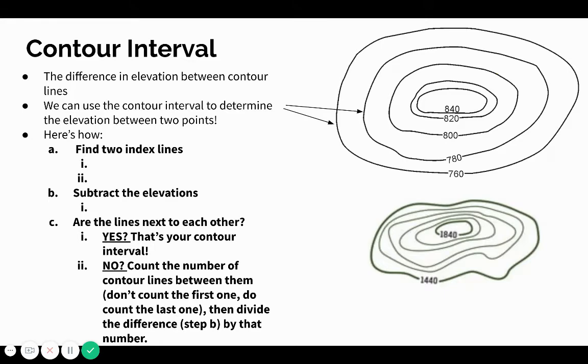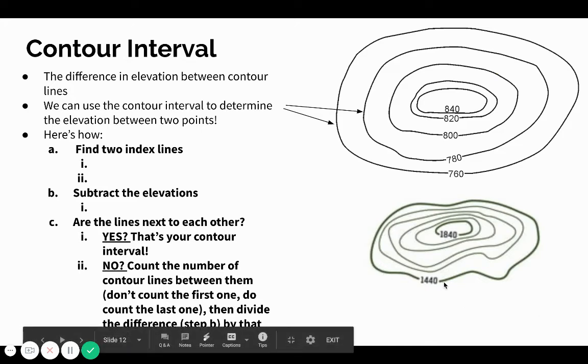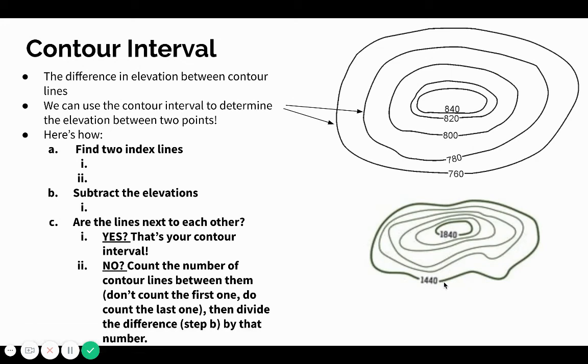We've already worked through these steps the last time we talked about topographic maps, so this should look familiar to you guys. But first, we find 2 index lines. And like Jerry told us earlier, our index lines are our bolded or dark lines with the elevation listed. Once we've found two index lines, we subtract their elevations. Once we've done that, we ask ourselves, are the lines next to each other?